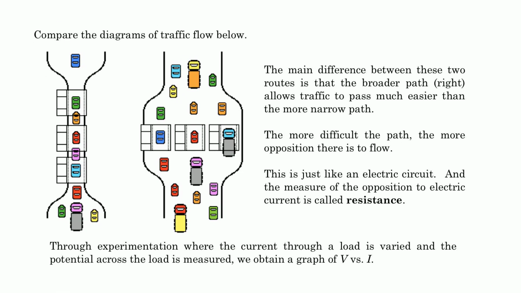Really, let's look at these two diagrams of cars on a freeway. And of course, you've got one path right here, and you've got another path right here. The main difference between this section of the highway and this section is that this much broader path allows traffic to pass much more easily than the very narrow path.